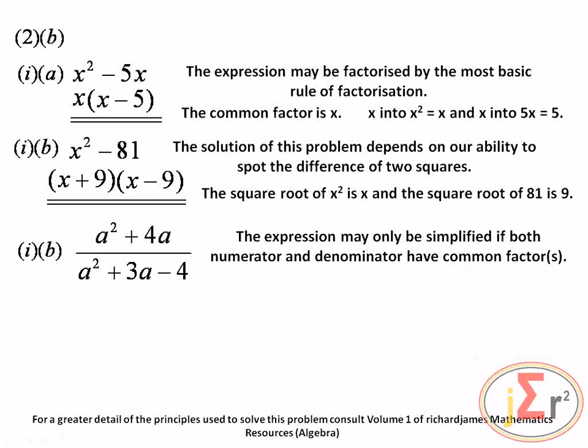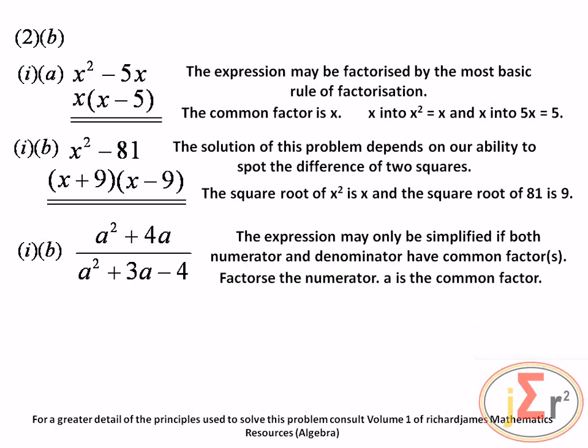That is disastrous if any student should attempt to solve that problem that way. When we have an algebraic fraction, we cannot reduce the fraction unless we have what? Factors that are common to both numerator and denominator. We will therefore factorize the numerator and of course factorize the denominator.